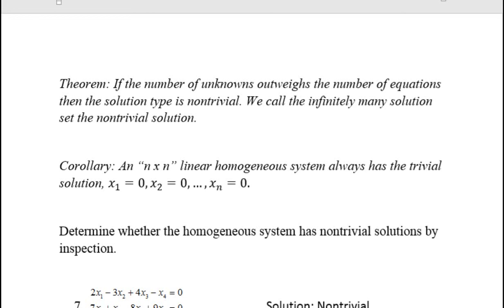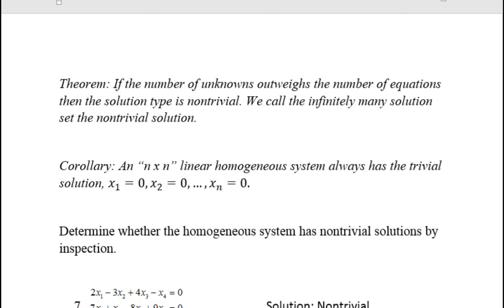Columns represent the number of unknowns, and rows represent the number of equations. So if you have the same number of equations as unknowns, and if it's homogeneous, homogeneous means that the augmentation terms are all 0. Each equation is set equal to 0. We call that a homogeneous equation, and if it's a system like that, then we call that a homogeneous system.